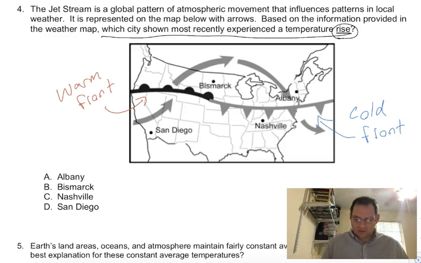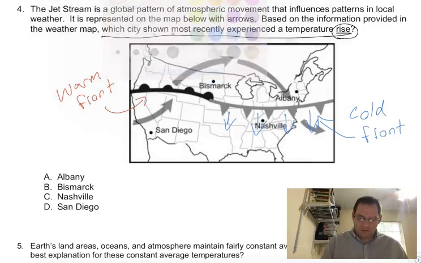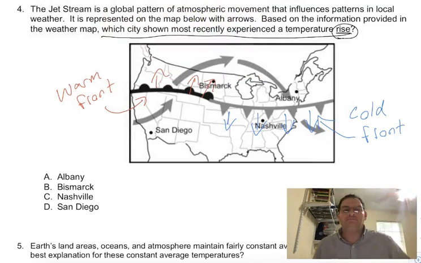We know the triangle's facing the direction it's going. All right. So we have Albany, Bismarck, Nashville, and San Diego. So let's see which one is the correct answer.